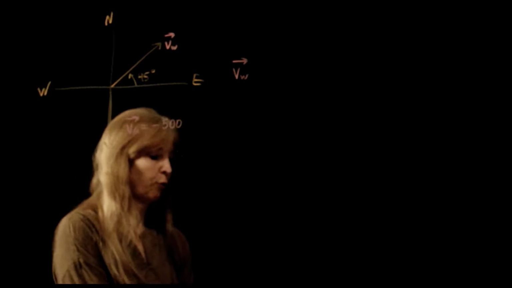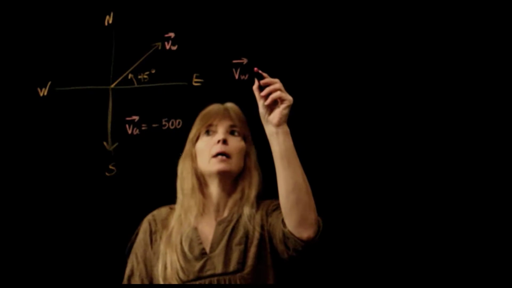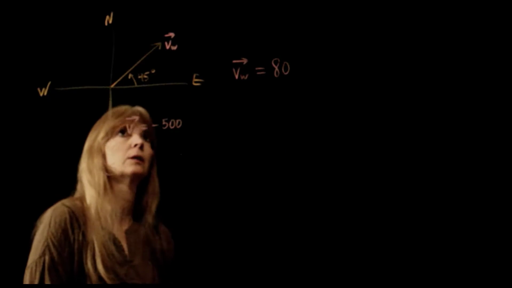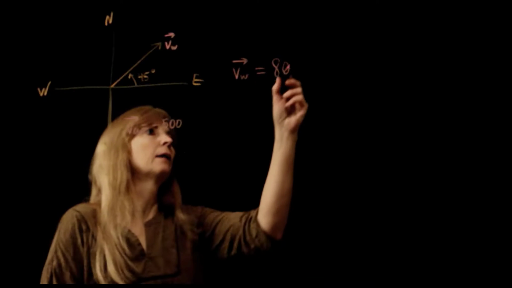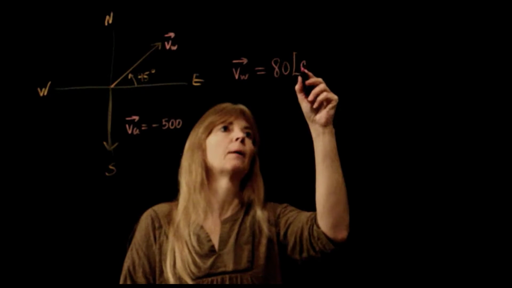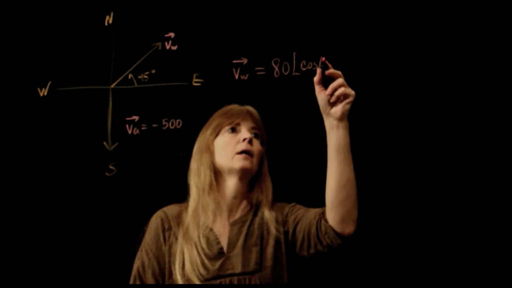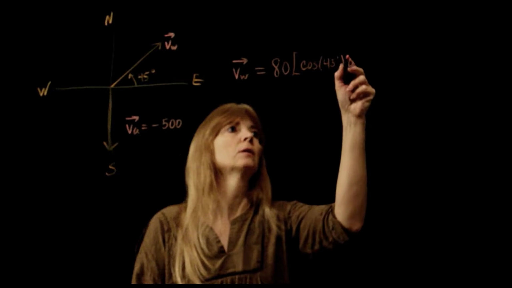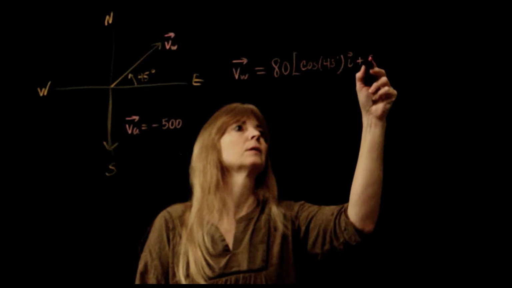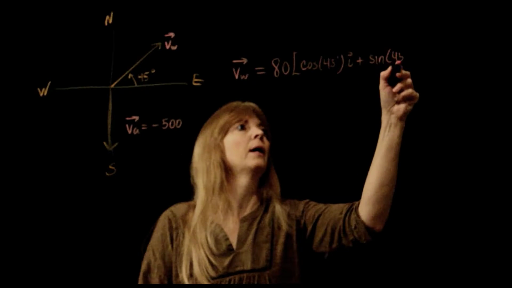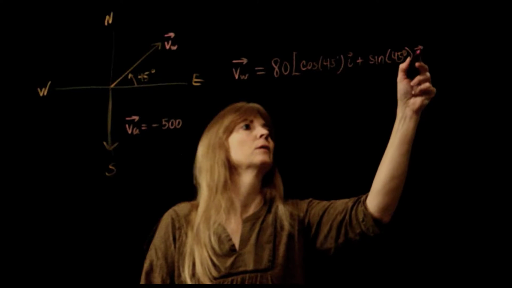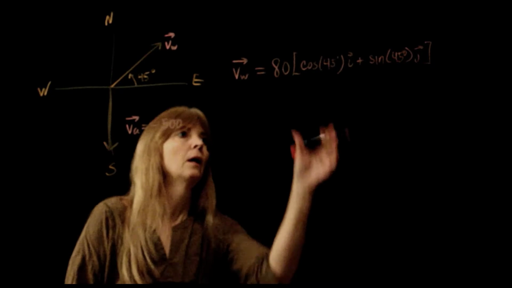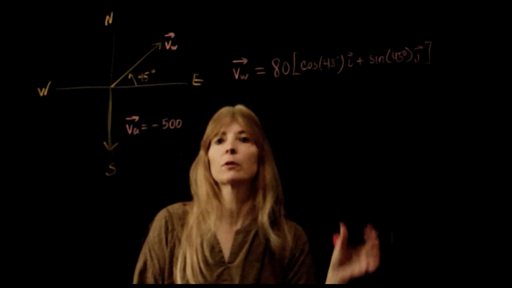So if I'm looking for that vector, then it gives me that the airspeed was 80. And then we know we break down our components into cosine 45 degrees I plus sine 45 degrees J. Okay, so that's going to give me my horizontal and vertical component.